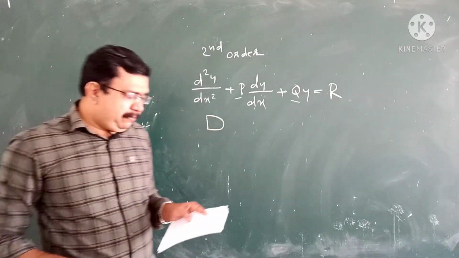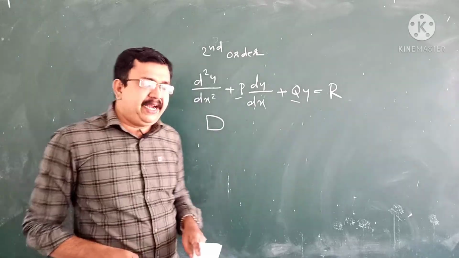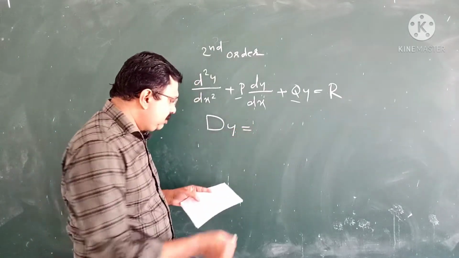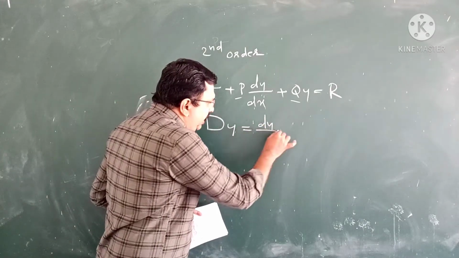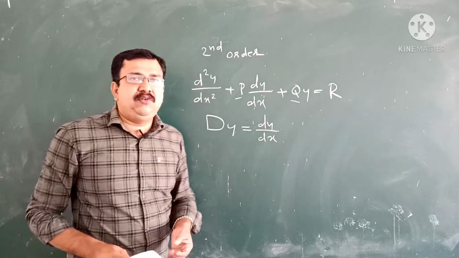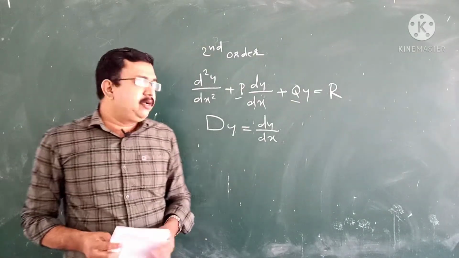The symbol capital D stands for the operation of differentiation. It is used for representing the differential operator.